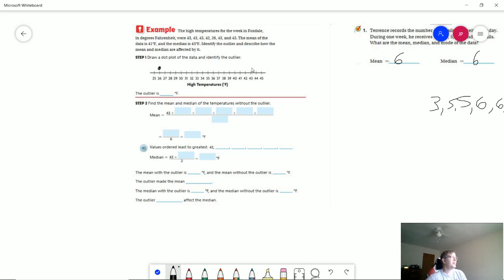We're going to have 3 things on 43. We're going to have 1 on 42 and 2 on 45. So the reason that we would do this is to figure out that this is going to be our outlier.